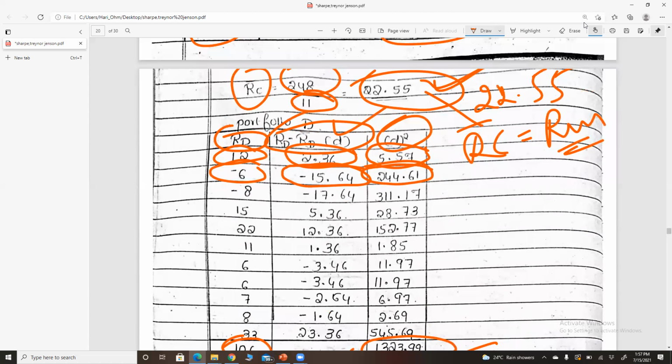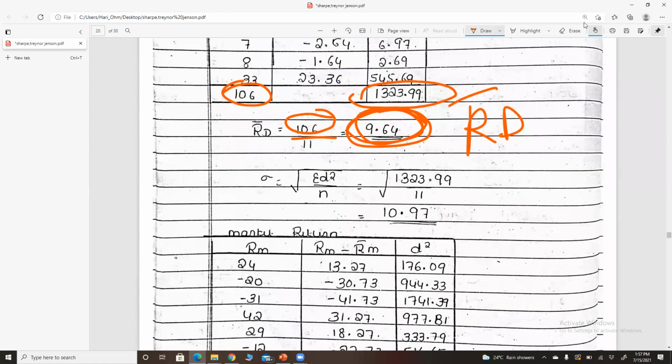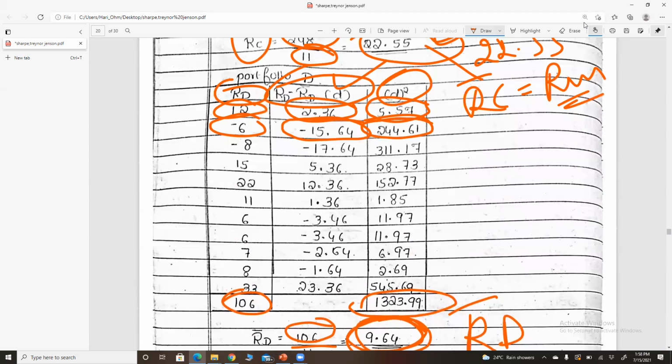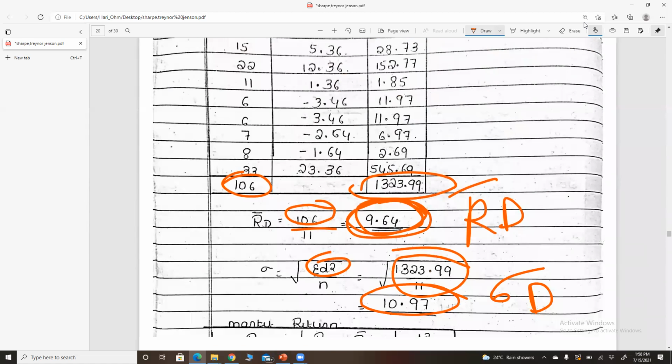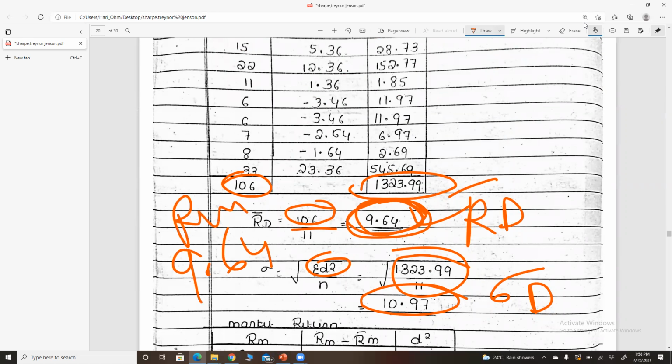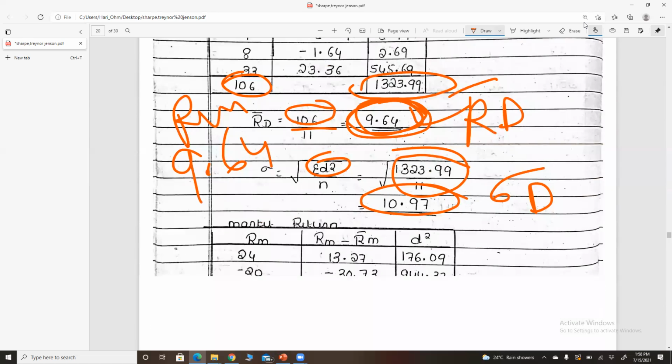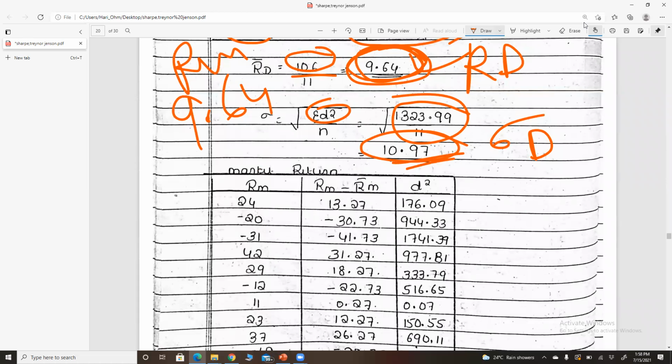This is summation of D square, divided by 11, and the square root of that is 10.97. That is the standard deviation of D. As far as D is concerned, RM is 9.64 and standard deviation is 10.97.